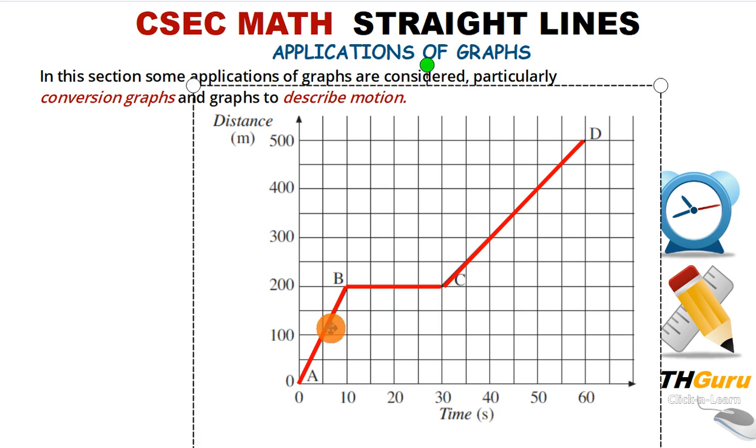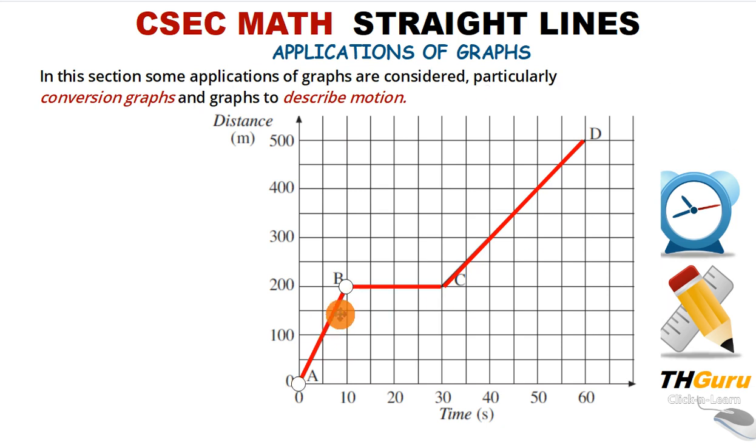This line here is steeper than this line here. So this is when the car has the greatest speed, from 0 to 10, greatest speed.